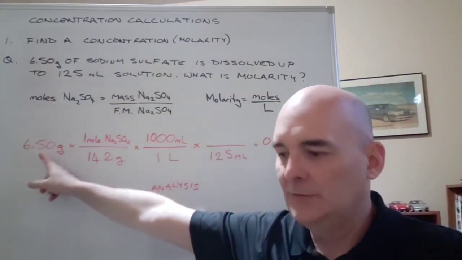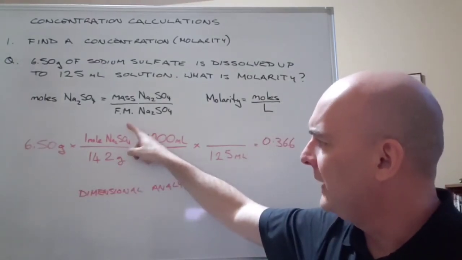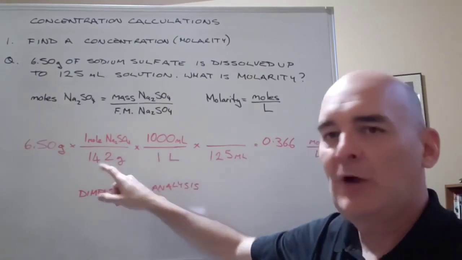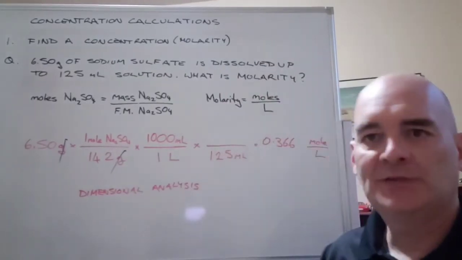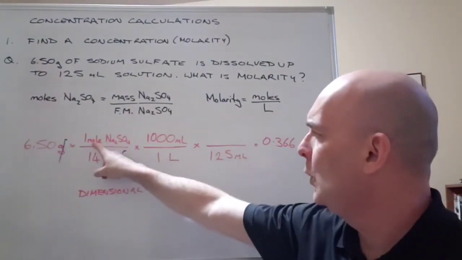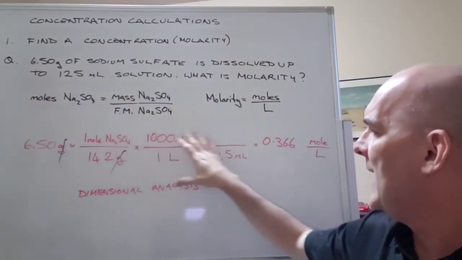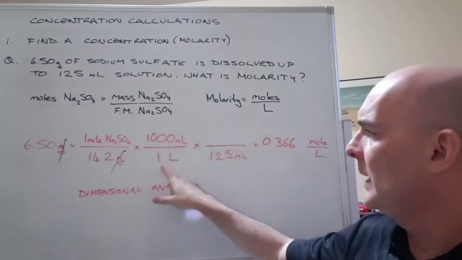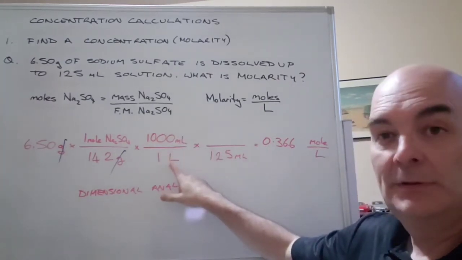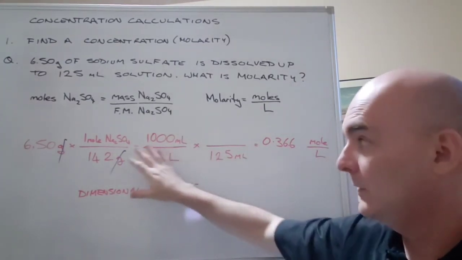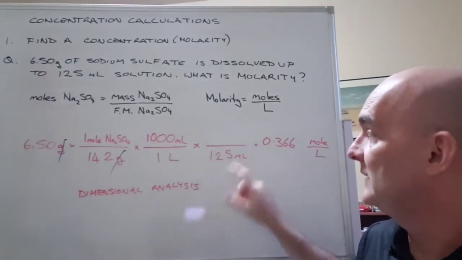6.50 grams is given in the question, and I know that 1 mole of sodium sulfate would weigh 142 grams, and setting it up this way makes the grams cancel. But that mole is not going to cancel by anything else that's in the question, and so will carry through. I know that 1 litre is 1,000 millilitres, so my litres are here in my numerator, and my question gave me 125 millilitres as a volume.